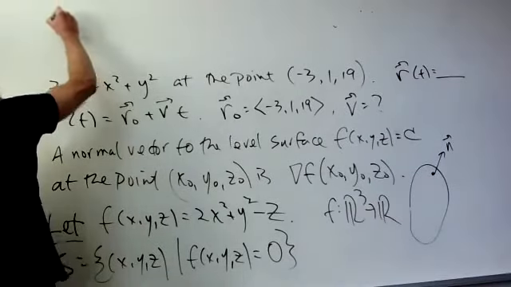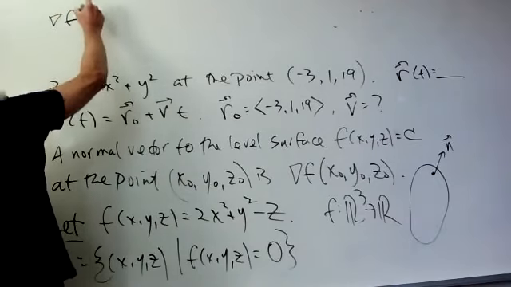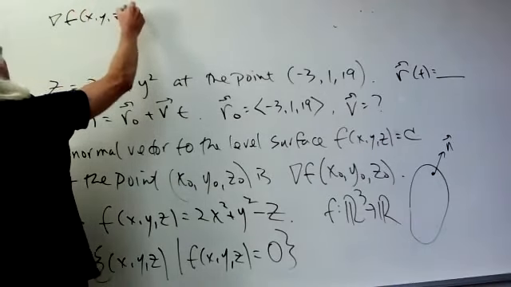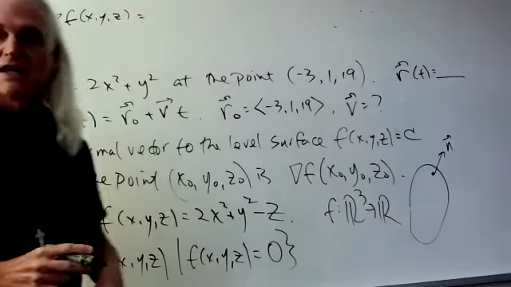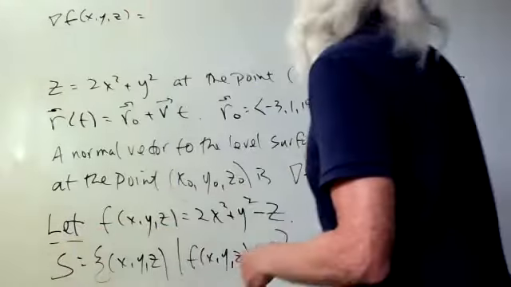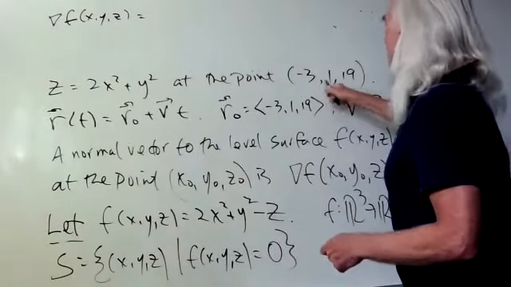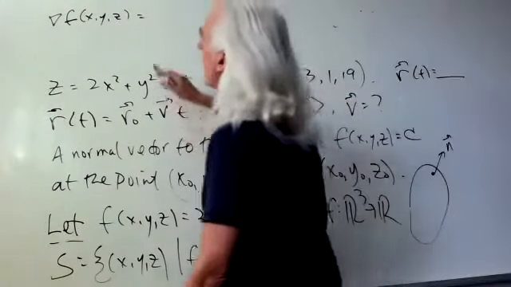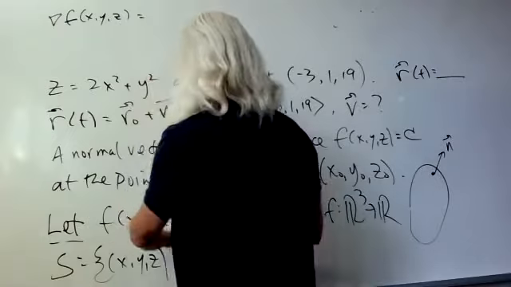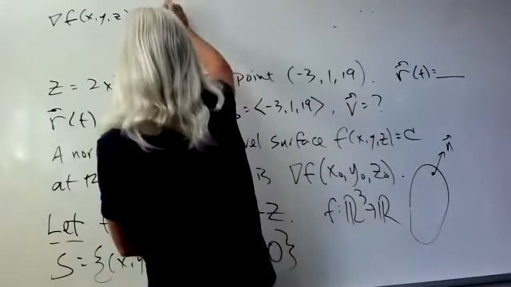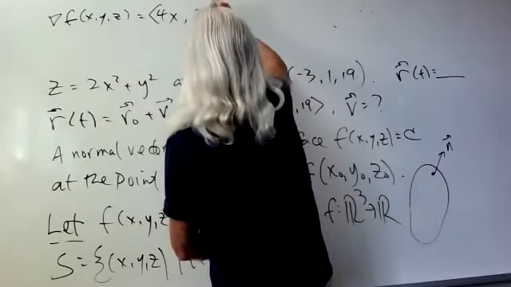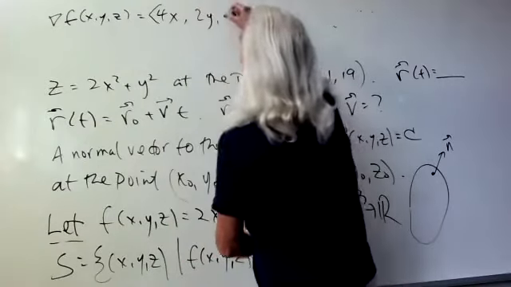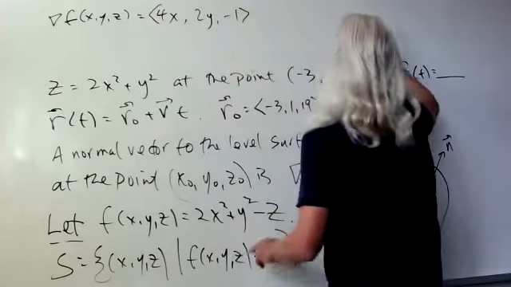So grad f at x, y, z, we've got to do that before we can find grad f at (-3, 1, 19). Grad f at x, y, z is going to be 4x as the first component, 2y as the second component, and -1 as the third component.